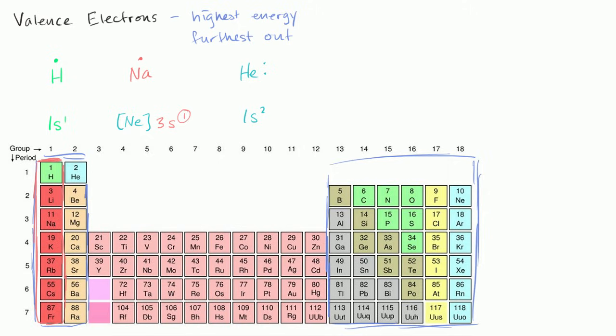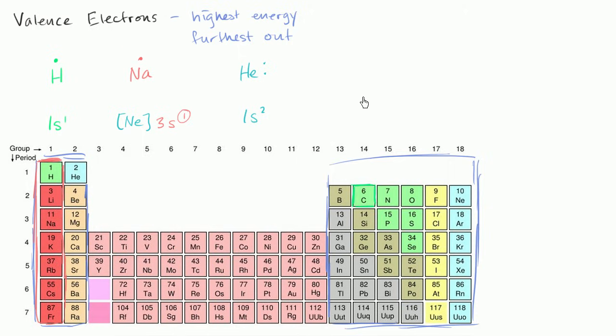Now let's jump to one of the most interesting and versatile elements in the periodic table, the one that really forms the basis of life as we know it, and that's carbon. I encourage you to pause this video and, based on what we've just talked about, think about how many valence electrons carbon has and what its Lewis dot structure could look like.